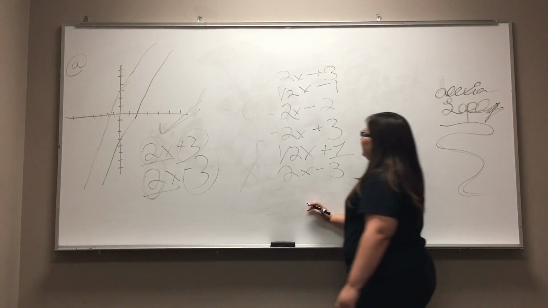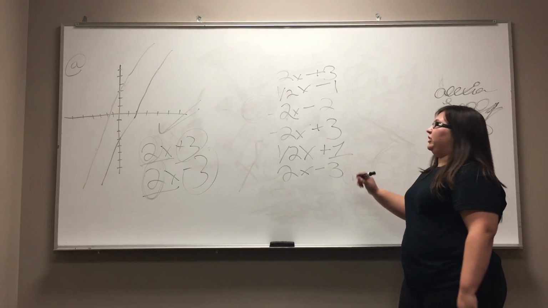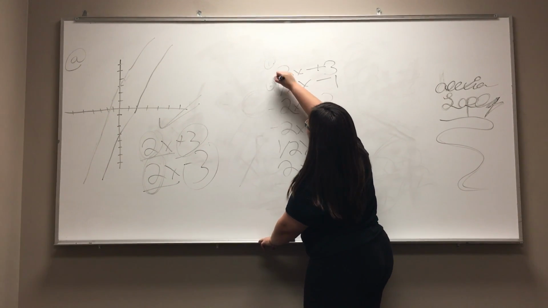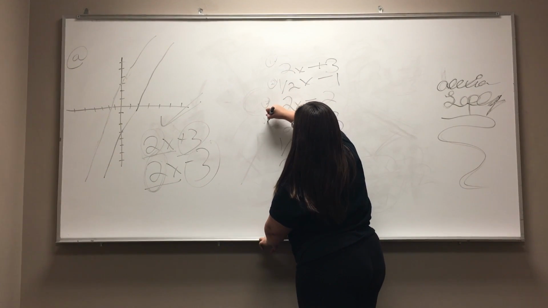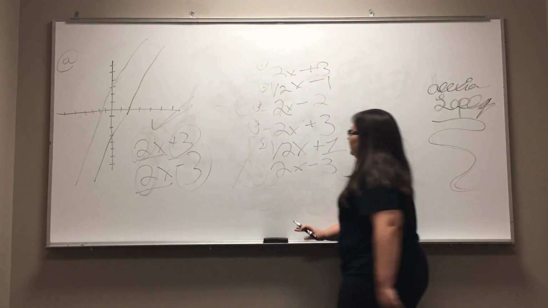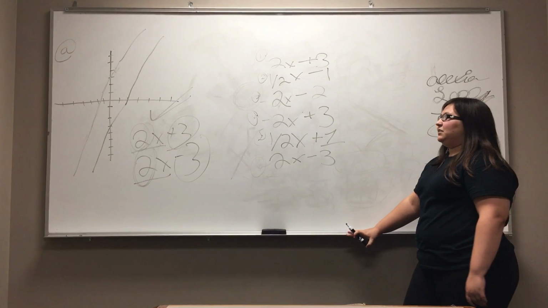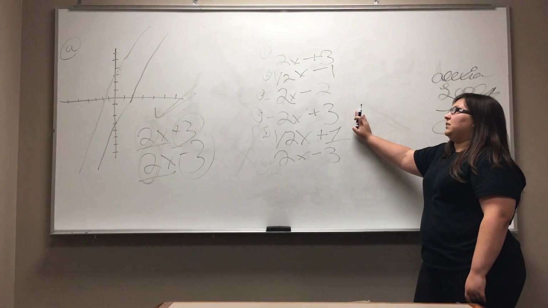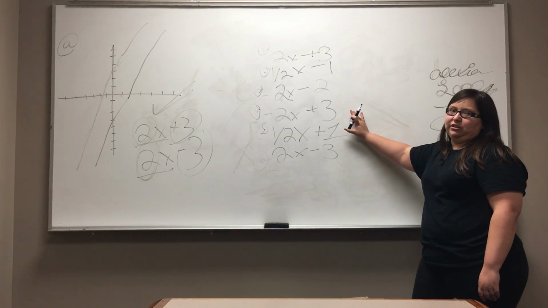Okay. So now we have a total of six equations on the board: 1, 2, 3, 4, 5, and 6. I want you to look at these equations closely, and I'm going to ask you which ones are paired up to make parallel equations. Okay?